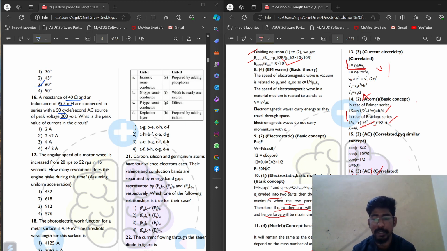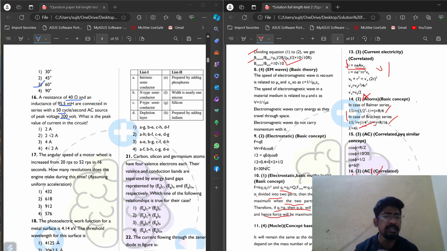And the value of Z is given by the formula root over, for the LR circuit, the value is root over of R square plus XL square. But in case of LCR, it is R square plus (XL minus XC) whole square. In case of our CR circuit, it is R square plus XC square, right?